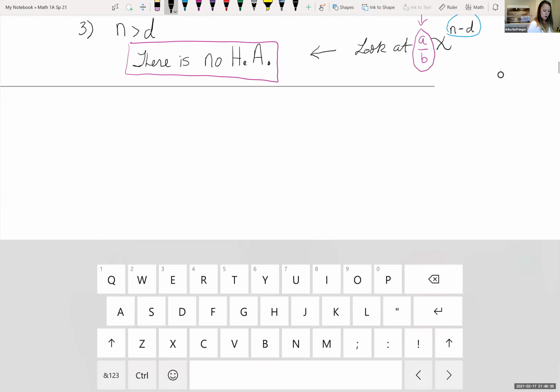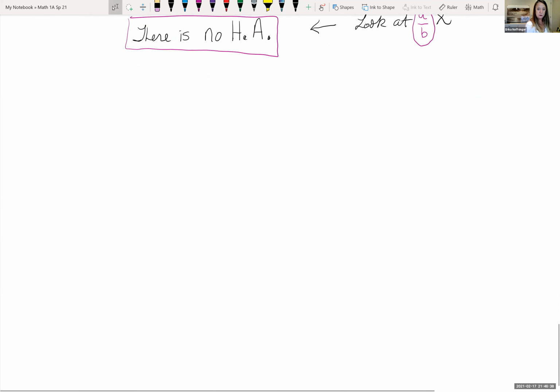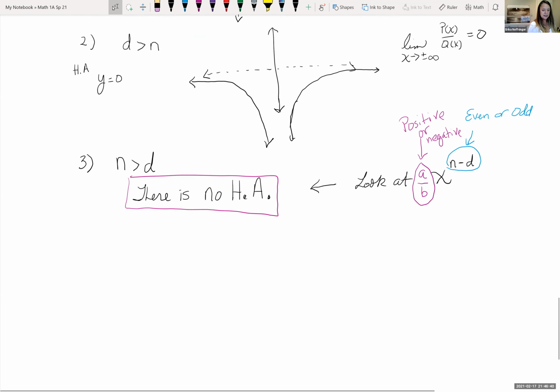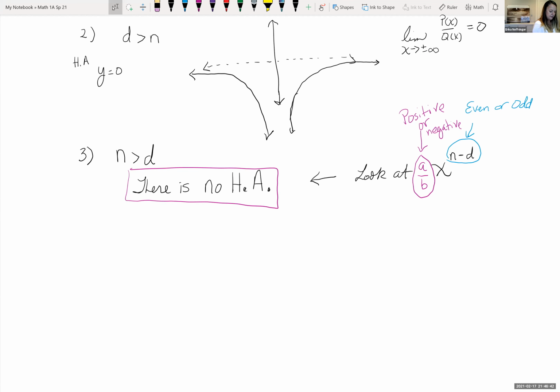So we talked about one important limit, and that would be helpful for us to look at these end behaviors of our graph of a rational function to see if it had a horizontal asymptote or not.